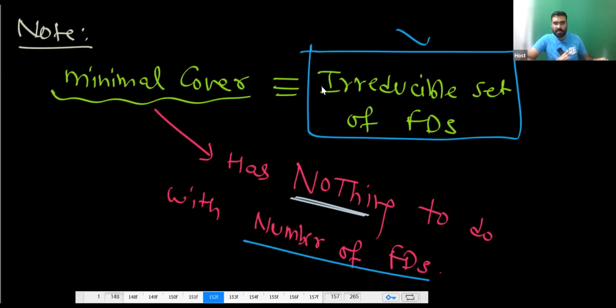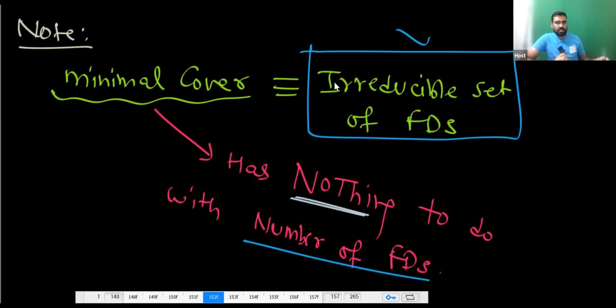At that point, what will you do? Skip that test series. So remember, minimal cover has nothing to do with the number of FDs. Is this clear, everyone?